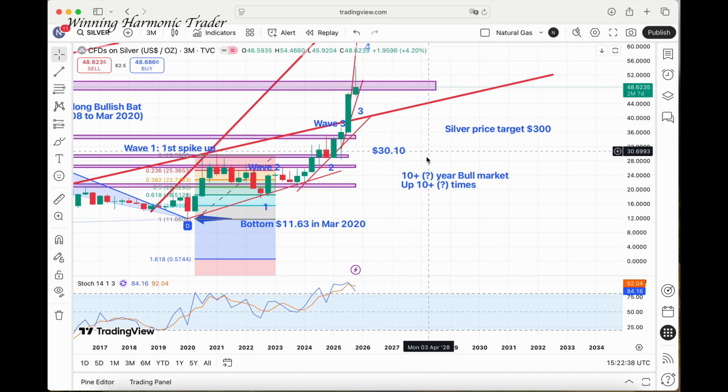So that's how I get the downside target, $30.10. But if it continues to fall, right, then it resets the wave count and it becomes a wave 2 move, right, instead of wave 4. And then wave 3 will start, right? So either way, whether it's wave 3 starting or wave 5 starting, I'm raising the target to 300.